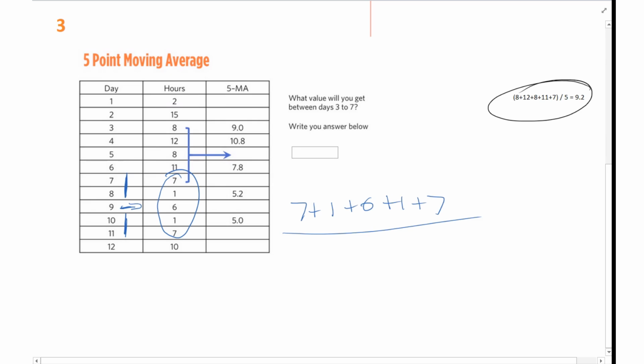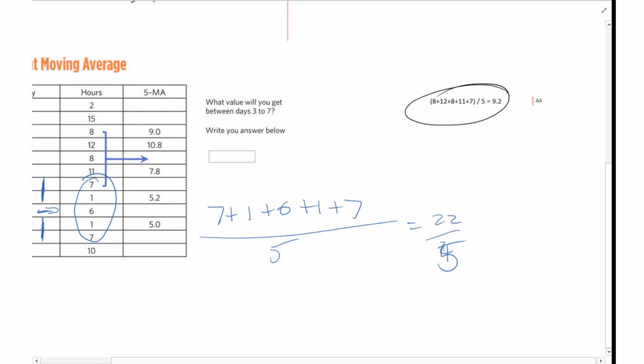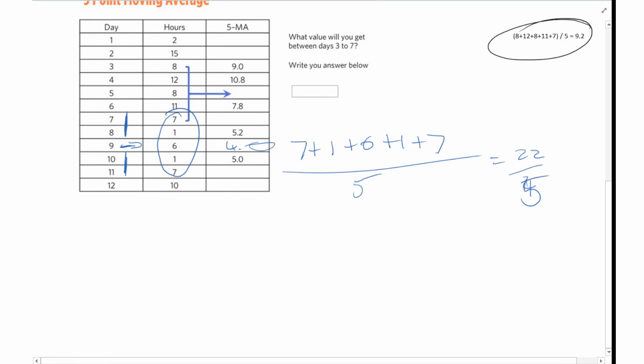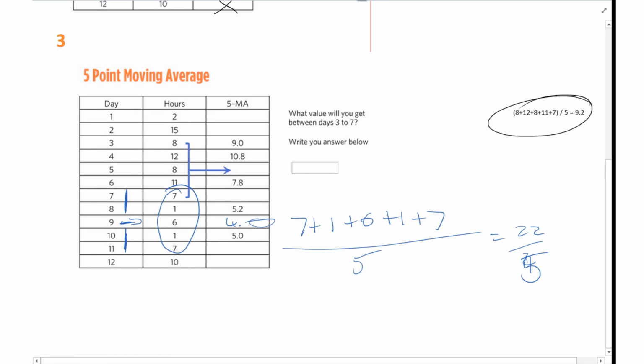Okay, so that's going to be 14 plus 6, 20, 22 divided by 5. So it'd be 22 divided by 5. So probably somewhere 4 point something. Again, I haven't got a calculator to calculate it, but that's how you would work a question like that out.